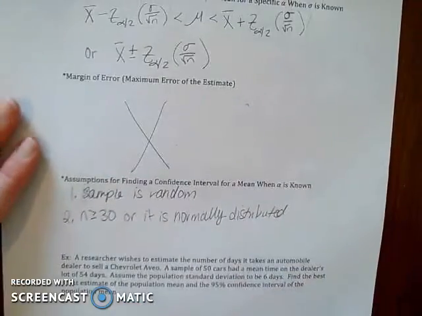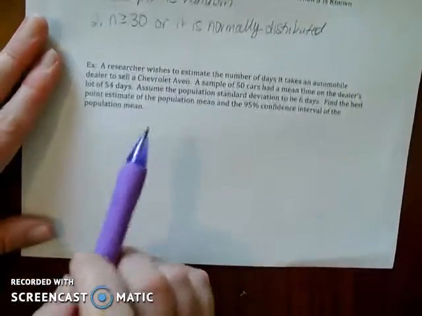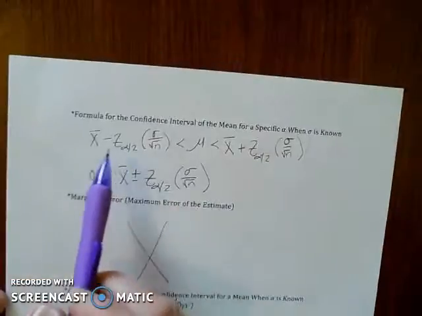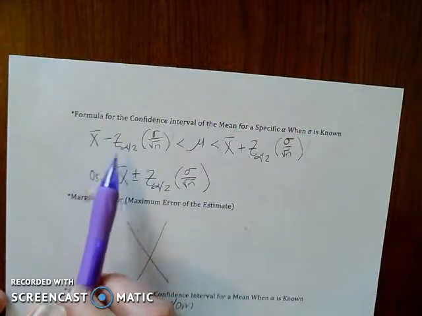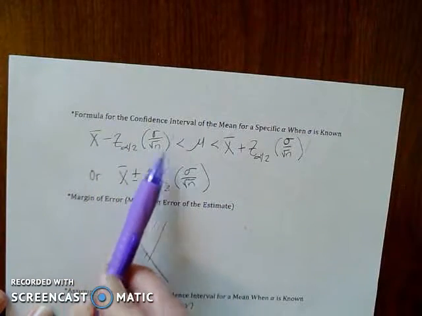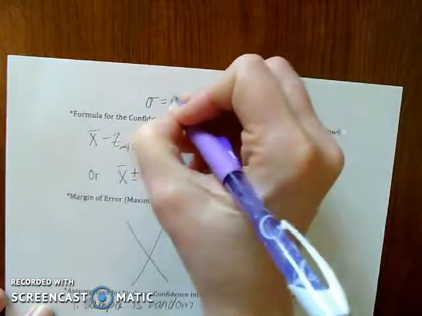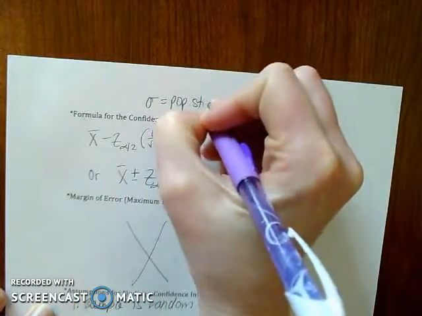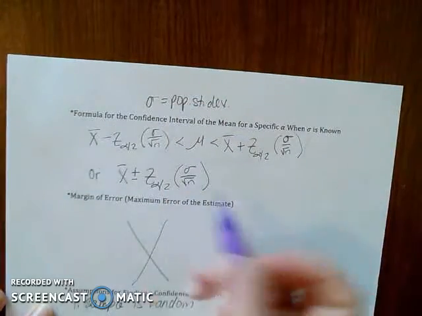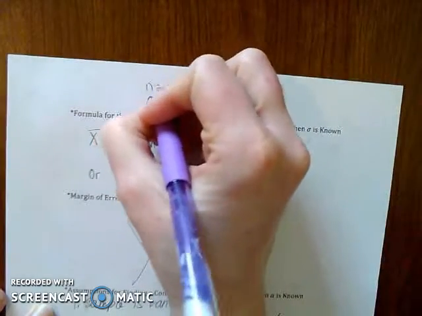Okay, so when you read through your problems, you're going to want to pick out x bar. The z of alpha over 2, you're going to have to calculate. Sigma is, remember, your population standard deviation. And then n is your sample size.